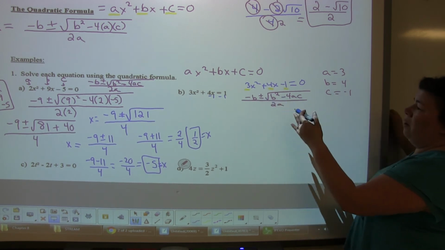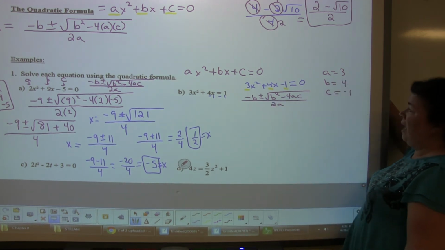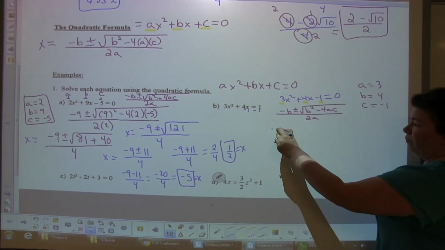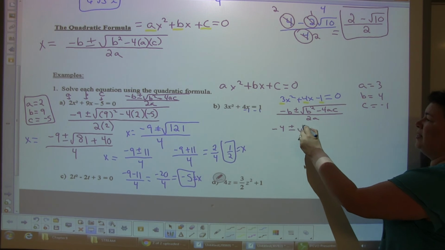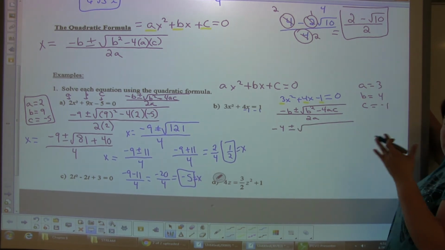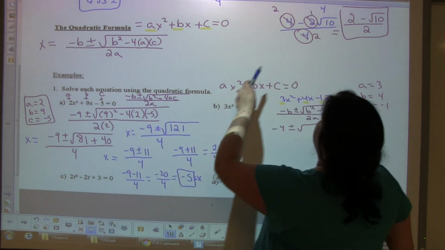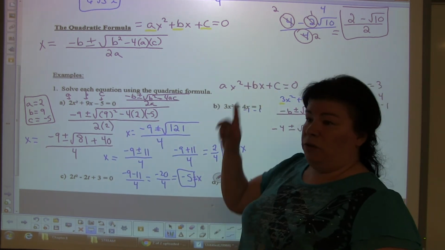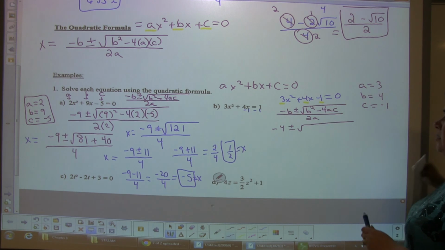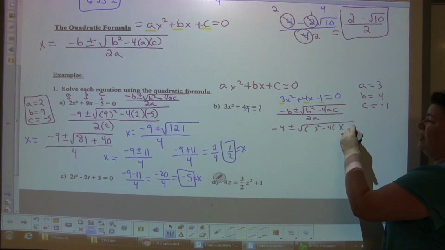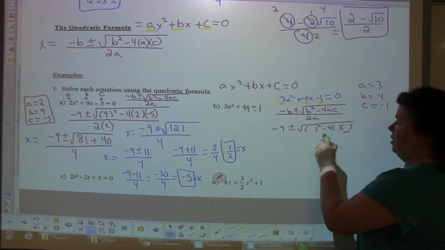So if we go ahead and purely substitute in those values, the opposite of b is -4 plus and minus b squared. Now, from this point, again, notice that here I use parentheses, and in the warm-up, if you look above, they use parentheses. You're going to want to get used to that because mistakes have been made every time you don't use parentheses.